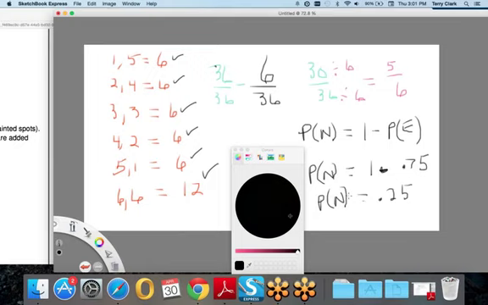Okay, so that's how I was working at solving these problems. Sometimes it's better to figure out what something isn't as opposed to what it is. Okay, sometimes there's less counting involved.